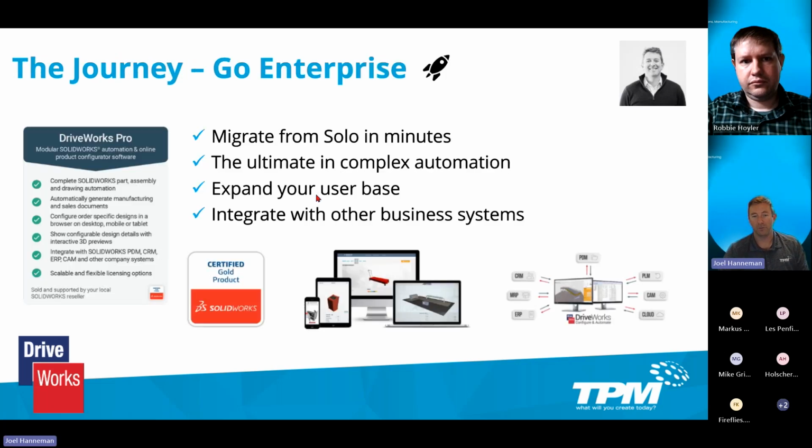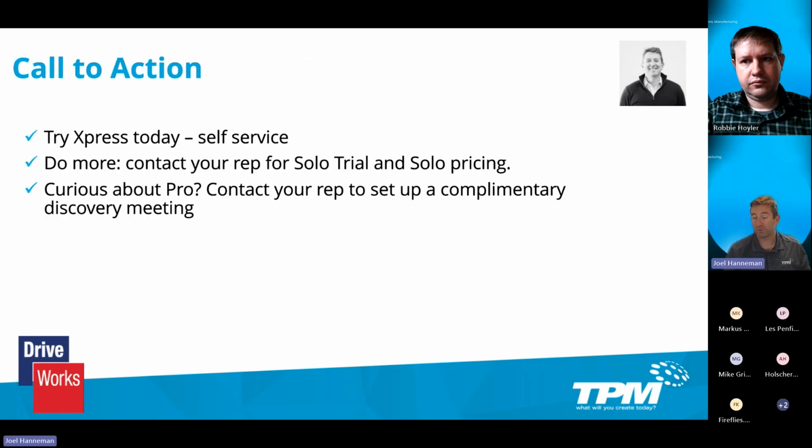That is free to try. Then it's really not that expensive to get. And if you find that you're really using Solo well and you want to do more, you can migrate to Pro. That's a couple-minute exercise. So there's really a nice pathway for folks to try it out, see what it's like, and grow with it if they end up doing that.